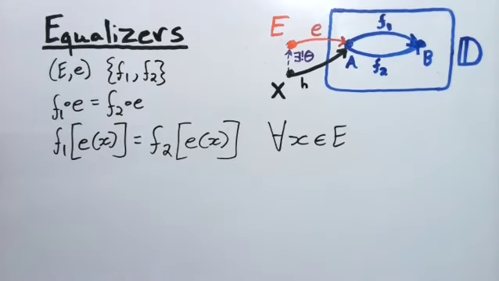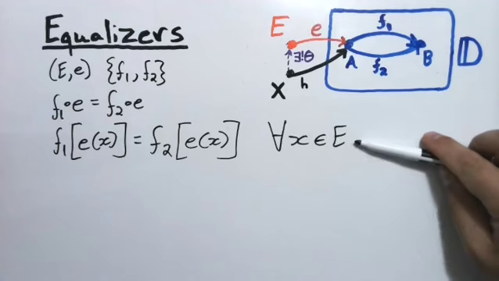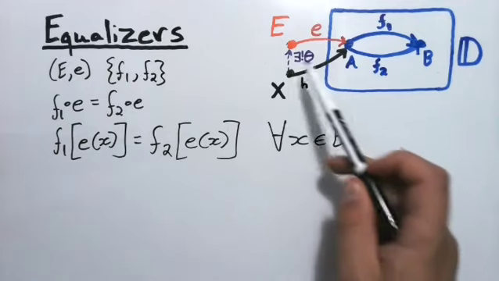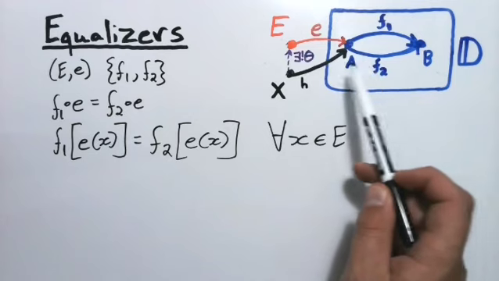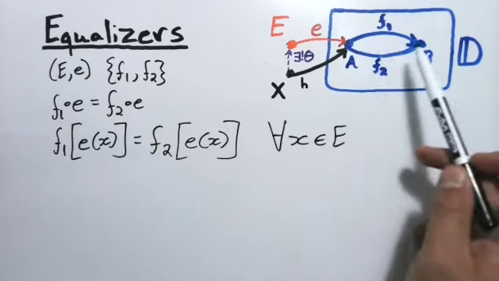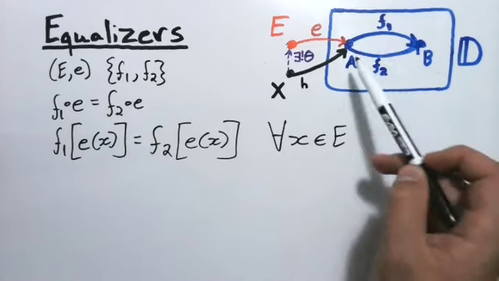Now, what does this expression actually tell us? It says that composing F1 with E is always the same as composing F2 with E. So what that means is that E can only map to values in A where that value in A gets mapped to the same thing by F1 and F2.